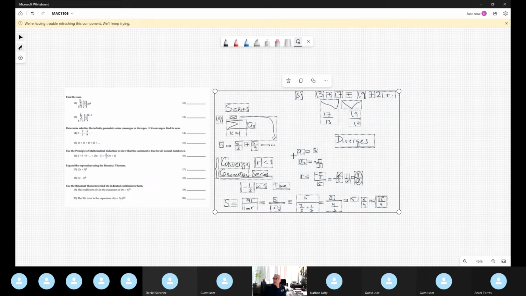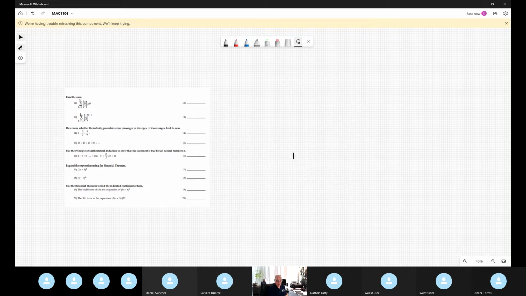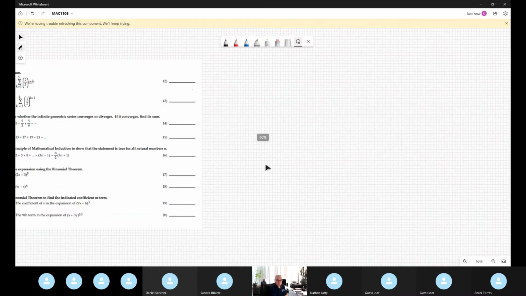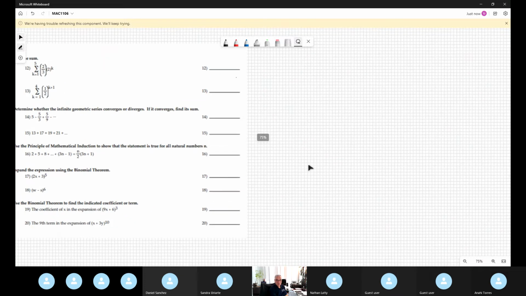Okay, then we have one example of mathematical induction. Okay, it's easy, but it's weird, you know, it's confusing. The students don't understand very well at the beginning.